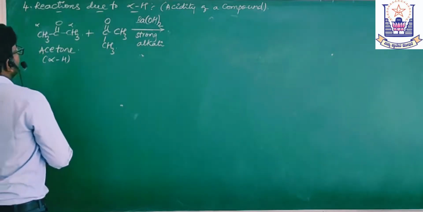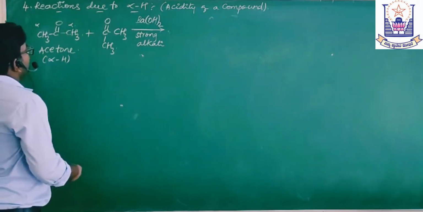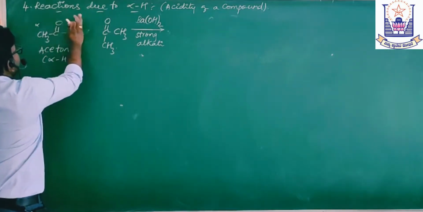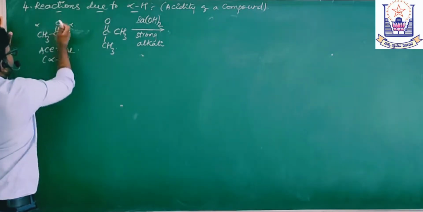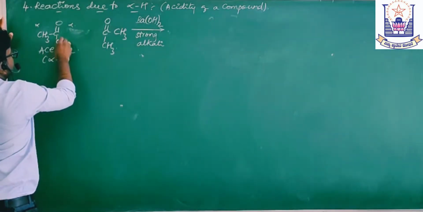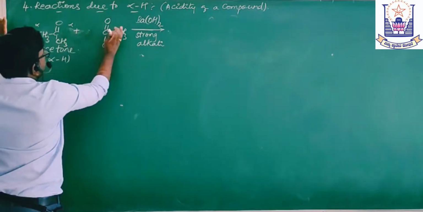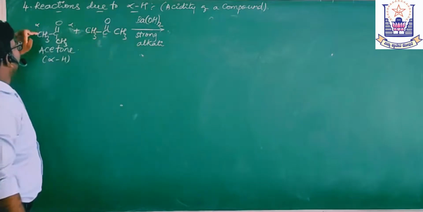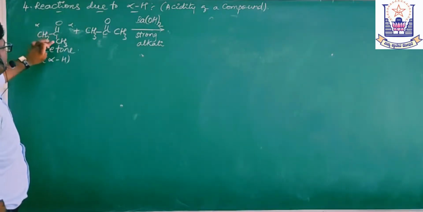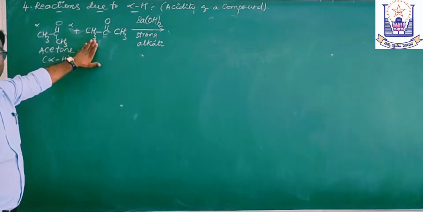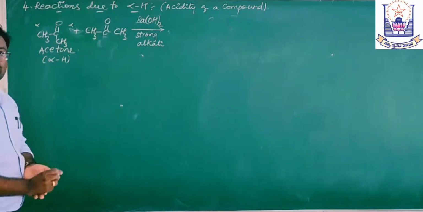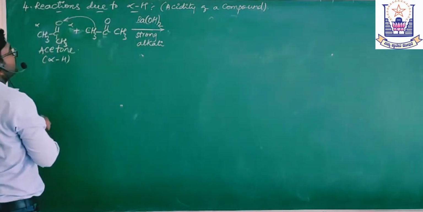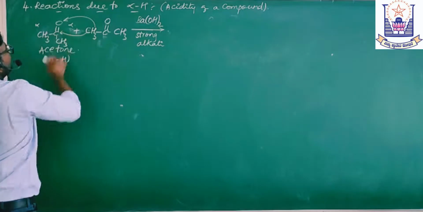For example, here the hydrogen, let us rearrange this like this. CH3, CH2, CH3, CH3. I am just taking this CH3 group here. To give you the clarity, the hydrogen transfer takes place from here to here, and this carbon will directly make a bond with this.